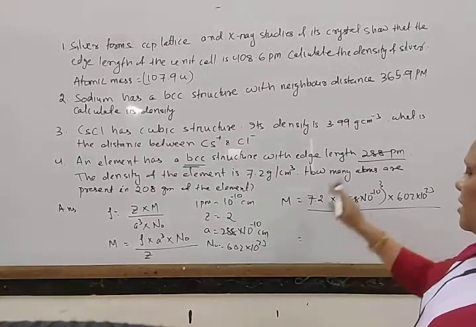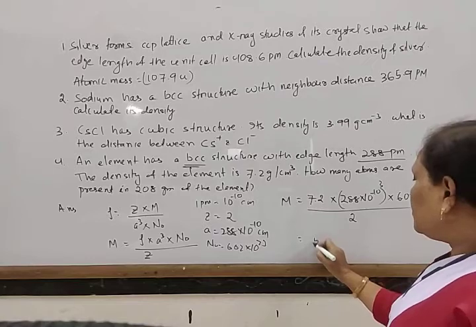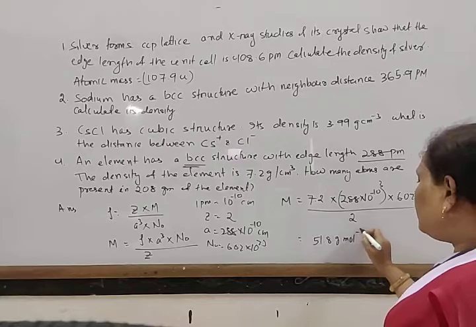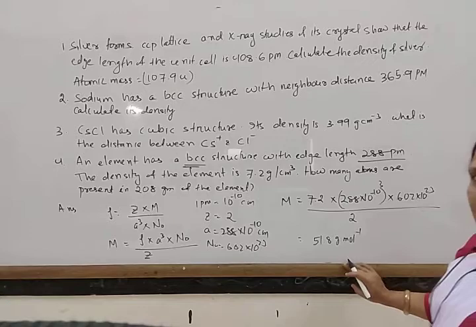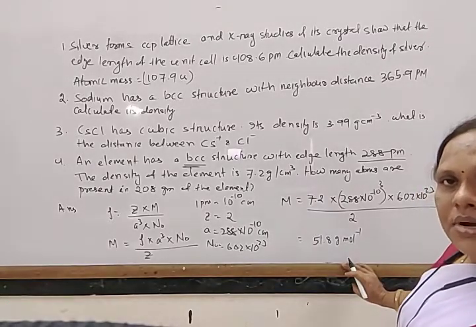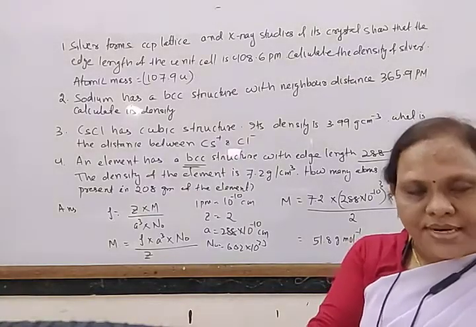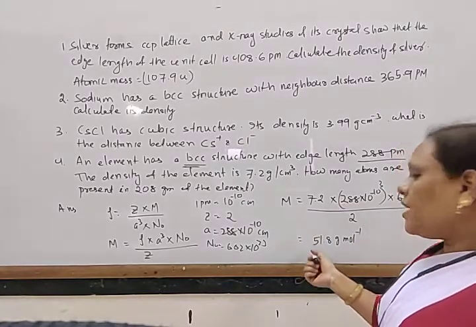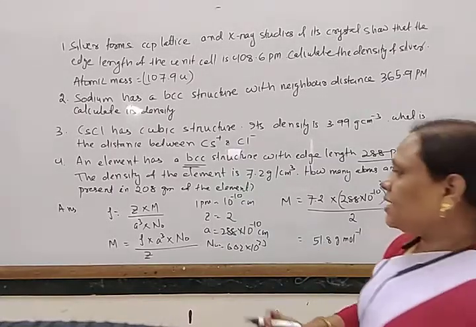You find this value is equal to 51.8 gram mole inverse. In some questions it is given to find the molecular mass of an ionic compound, or if an element is given, find the atomic mass. So first in this way you can find the atomic mass of the element or molecular mass of a compound. And after that, you have to solve further.